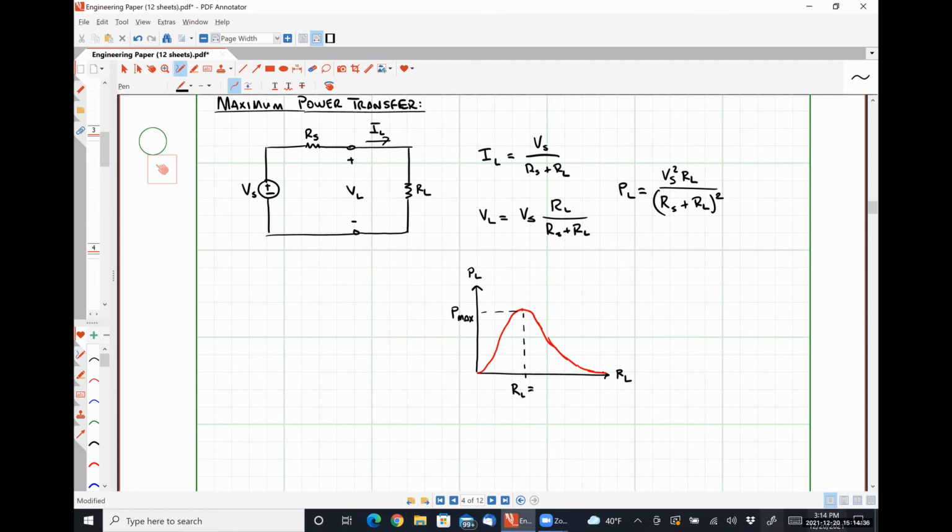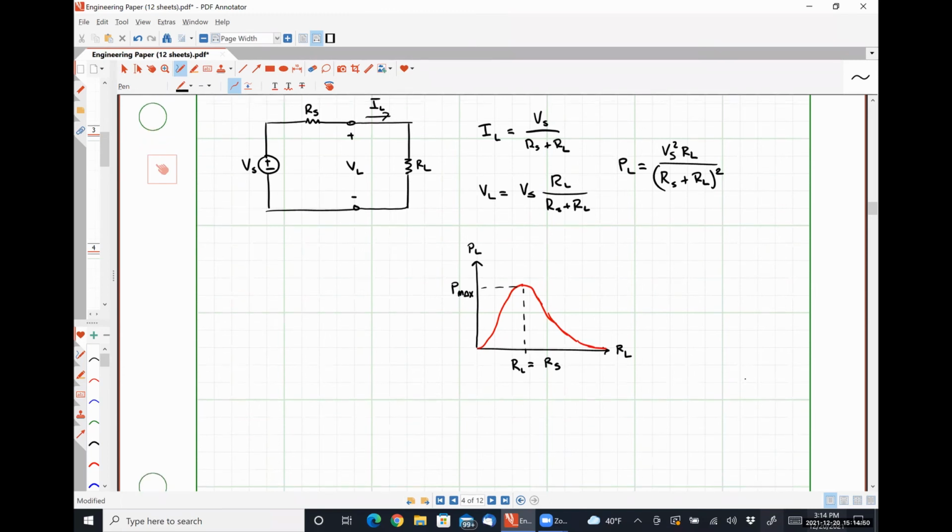If we do that, we find that maximum power transfer occurs when RL is exactly equal to the practical source resistance Rs. And therefore, P max is Vs squared times Rs over Rs plus Rs squared, which simplifies to 1/4 Vs squared over Rs.